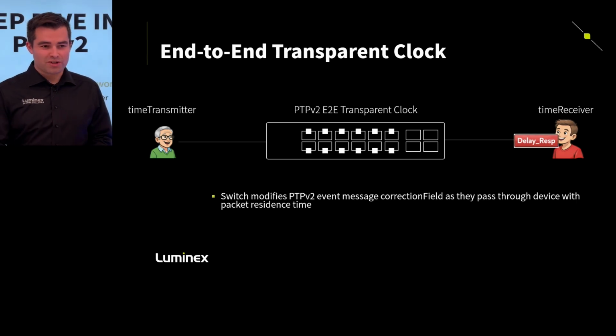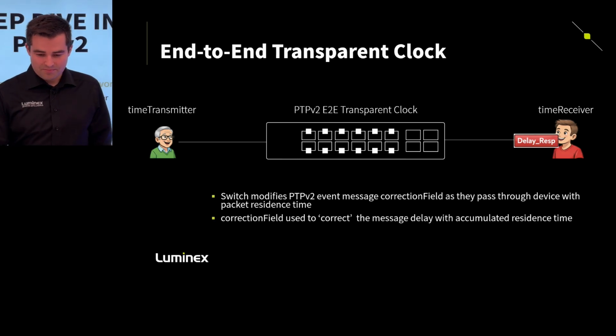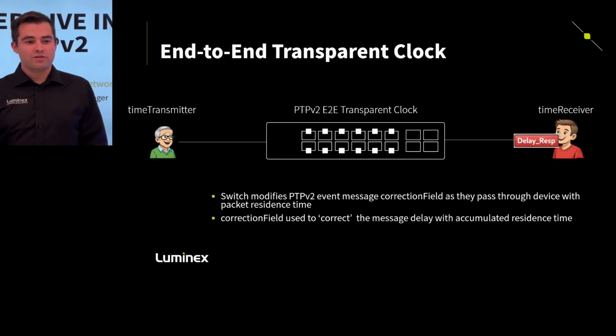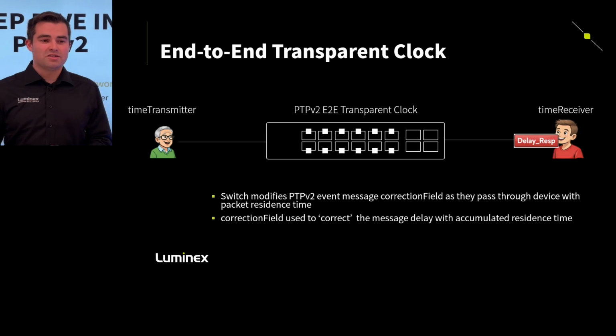So what can we remember from this mode? The switch will modify the event message packets with the correction field. In that value, it will put only the time that the packet spent inside the switch. This correction field is then used to correct the message delay with the accumulated residence time.